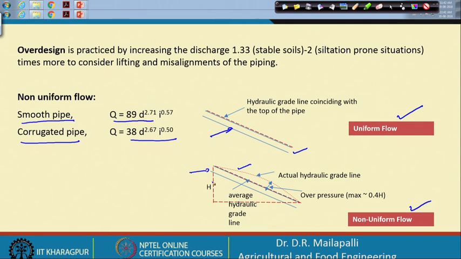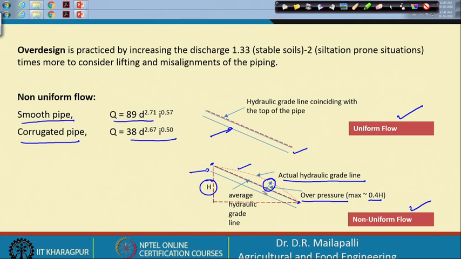Okay. If small h is the difference between the pressure heads at this point and this point, then generally in case of non-uniform flow, you may expect overpressure, that is, a maximum of 0.4 h is expected in the actual hydraulic line compared to the average hydraulic line.